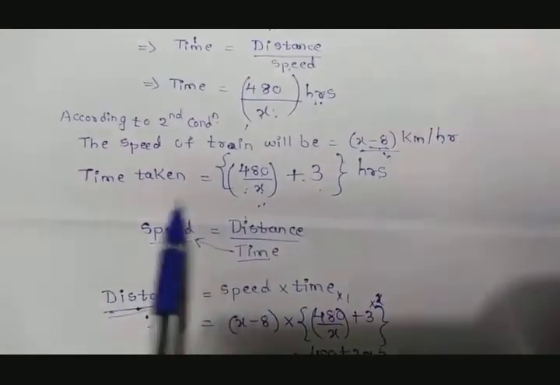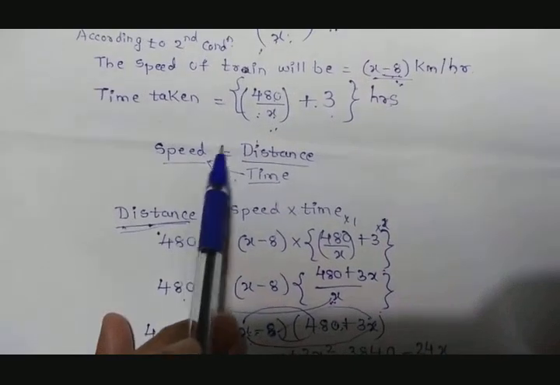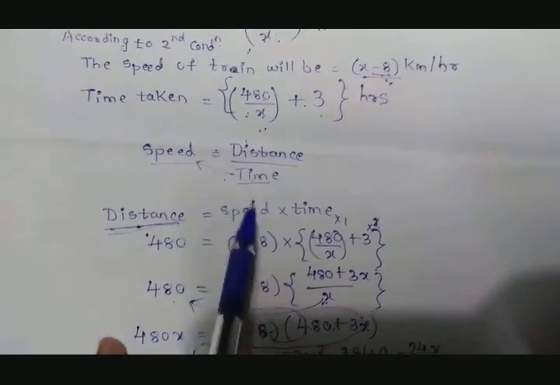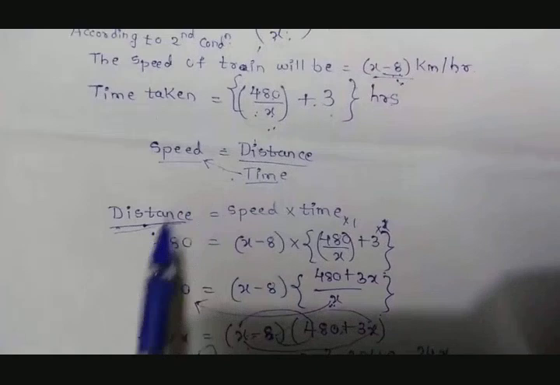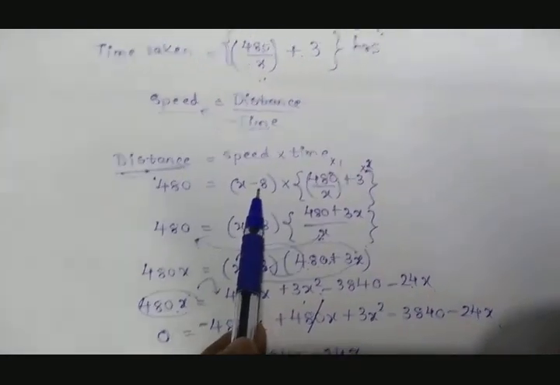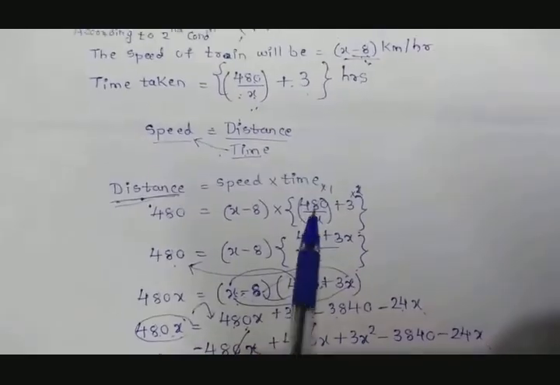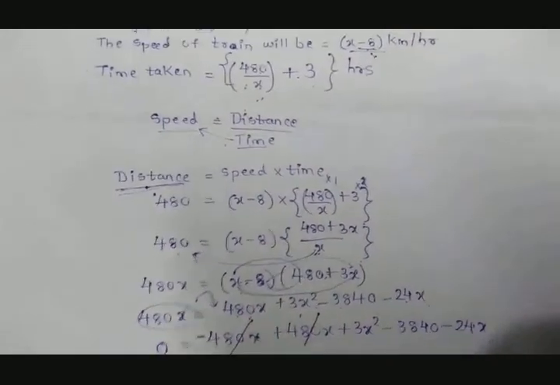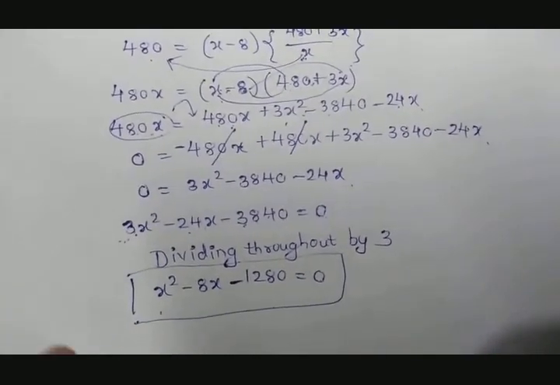So we found out what will be the time taken, and after that we applied the same basic formula, that is speed is equals to distance by time, and we just cross multiplied speed into time, which is equals to distance. So distance is 480, and write down what were the speed, that is x minus 8, and time is 480 by x plus 3, and just we have simplified and brought it to the quadratic equation form.